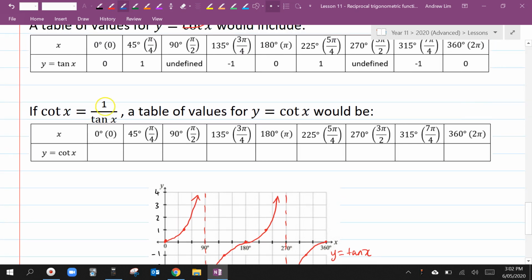If we were to take 1 and divide it by tan x, we will get cotangent of x. 1 divided by 0, that's undefined. We can't divide by 0.